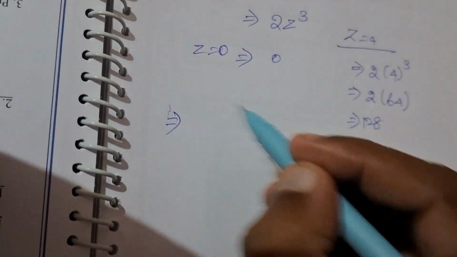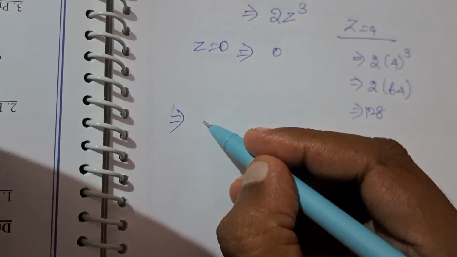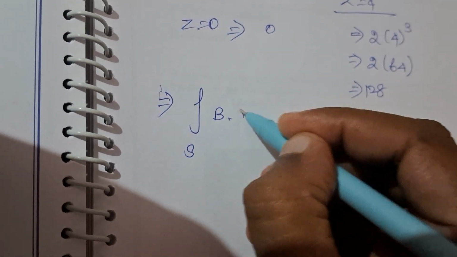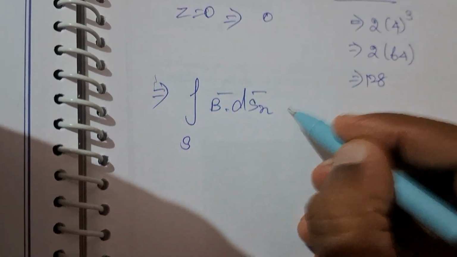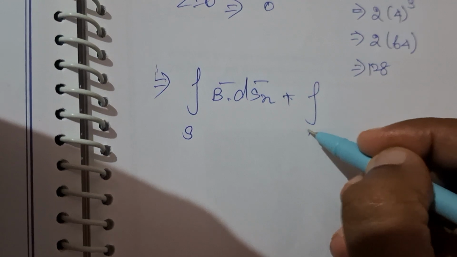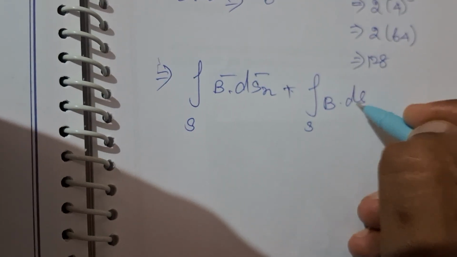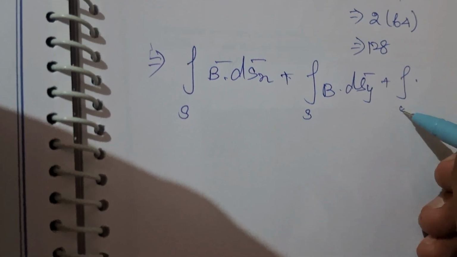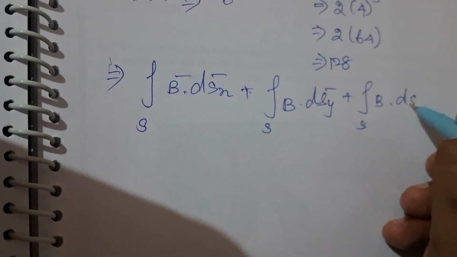So here we sum up all the values: integral of B dot dSx plus integral of B dot dSy plus integral of B dot dSz.